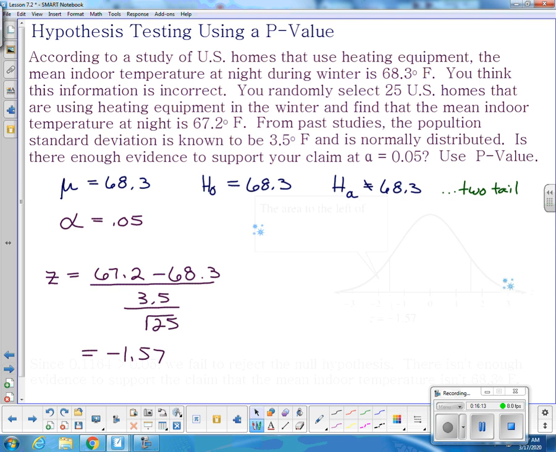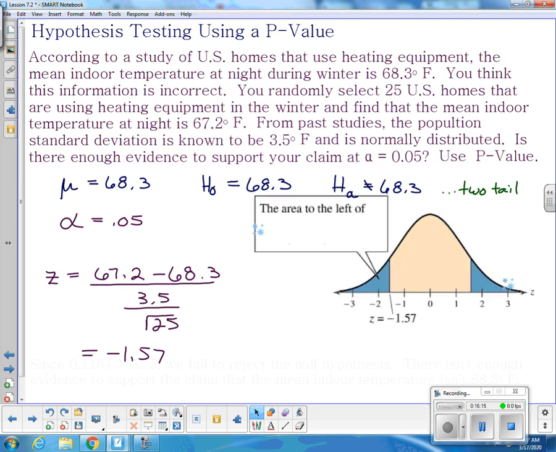So I go to my z-score, and I'm going to go to negative 1.57. And I get 0.0582. But that's the same over here, right?